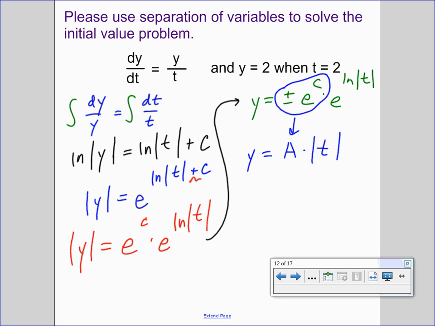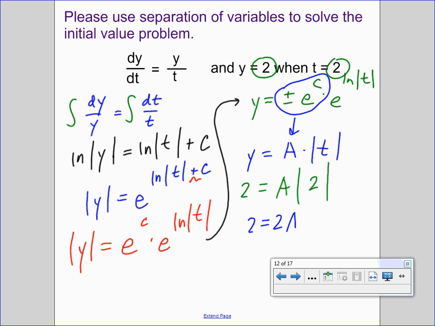Now let's use my given data point to determine this unknown constant a. So when t equals 2, y equals 2. So we can plug this in. 2 equals a times the absolute value of 2, which is 2.